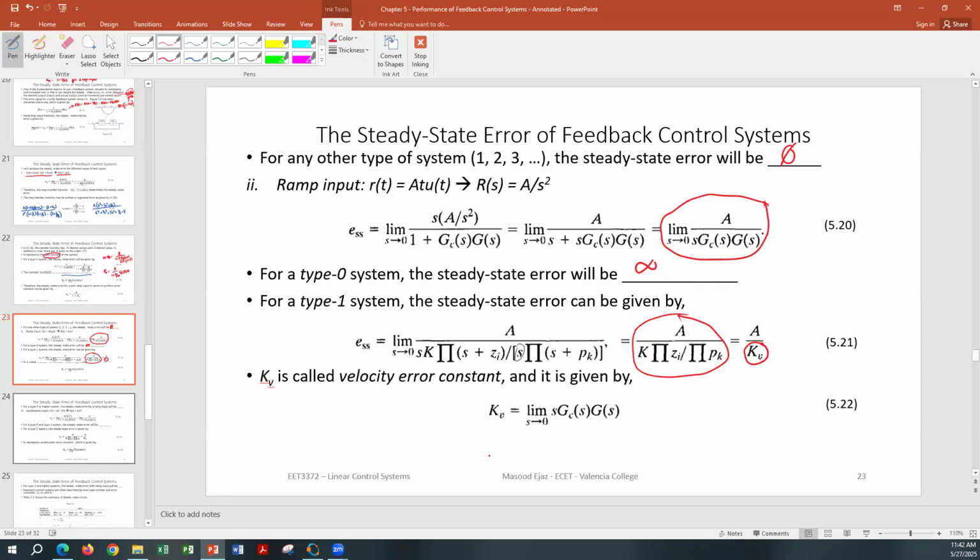For type 2, 3, 4, what do you think the error is going to be? For type 2 system, 3 system, 4 system, you are increasing the power of s over here. What do you think the error is going to be?